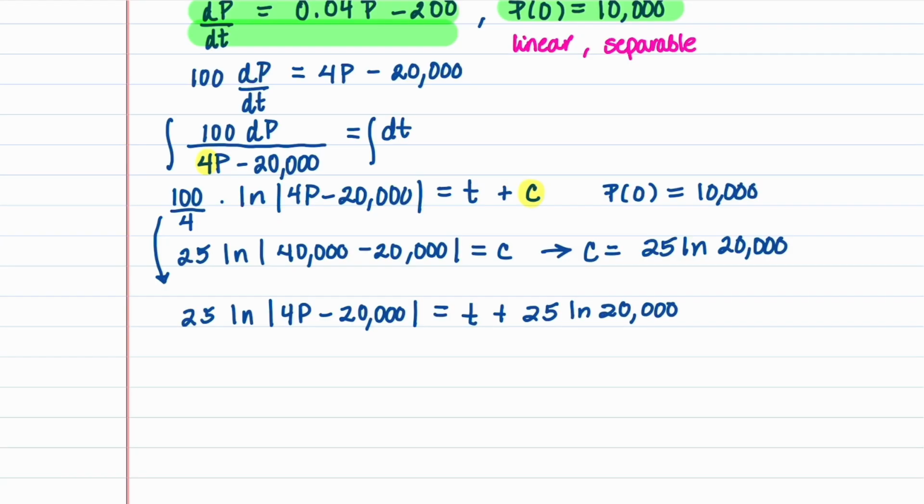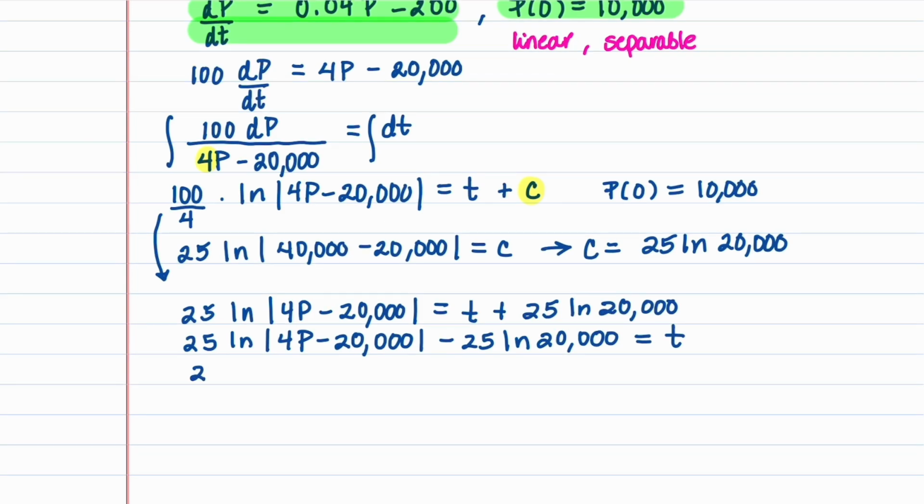Let's now combine our natural logs. So I'm going to pull the one on the right over to the left. And we just have a t on the right. On the left, we have 25 natural log of 4P minus 20,000, all divided by 20,000, is equal to t.